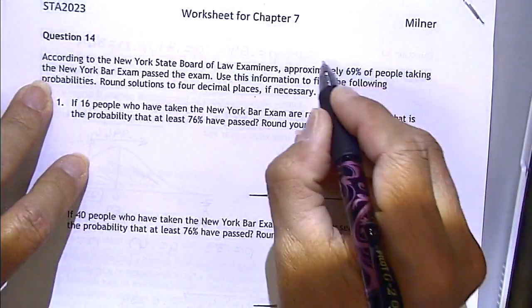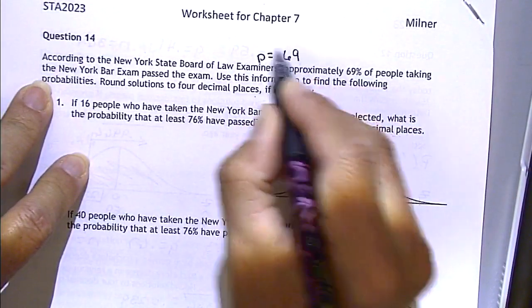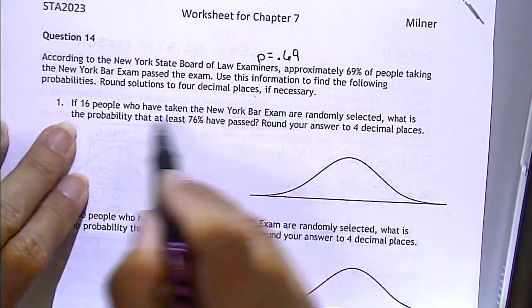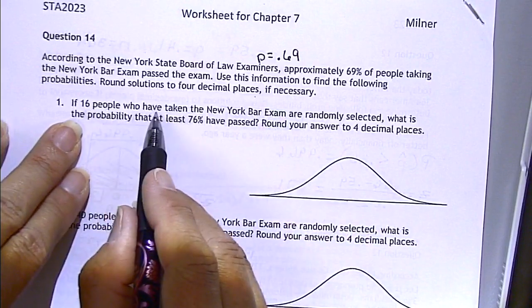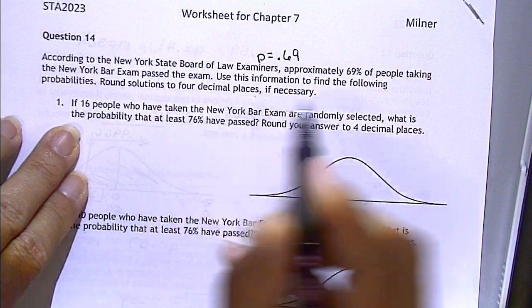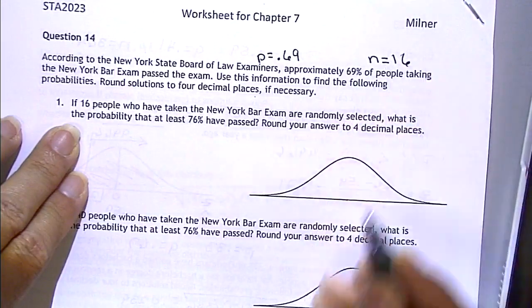Okay, so that's going to give me my population proportion, because it's talking about all of the ones that took it, right? And then it says if 16 people have taken it, they're randomly selected, what's the probability at least 76% have passed? Well, I know I've got a sample size of 16 here, don't I?